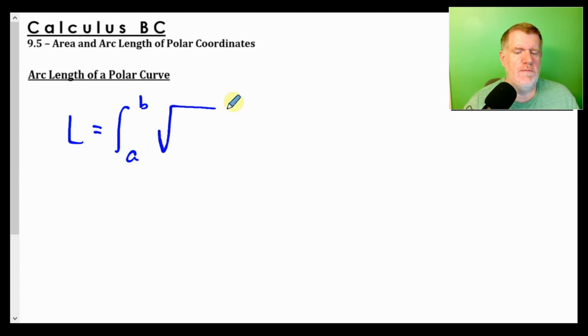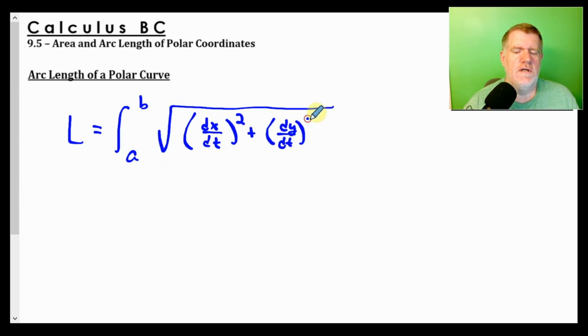If you remember, we had a parametric equation, just like the distance formula: the change of x over time squared plus the change of y over time squared, because really it's the Pythagorean theorem or distance formula. Change of x, delta x squared, delta y squared. But we're taking all of them. Okay?